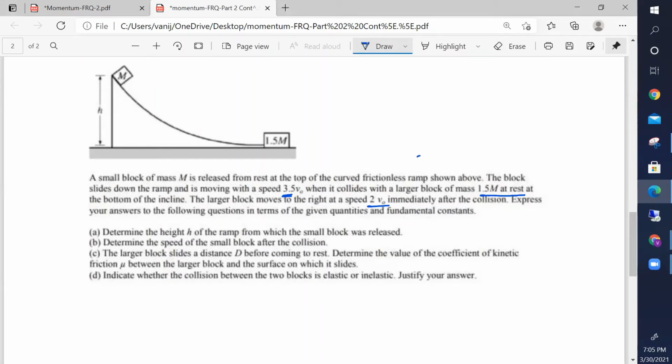So they're basically telling you that when this small block M collides with the larger block of mass 1.5 m, this larger block moved a distance d and came to a stop. That means its final velocity is 0.